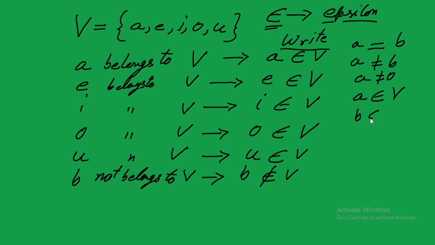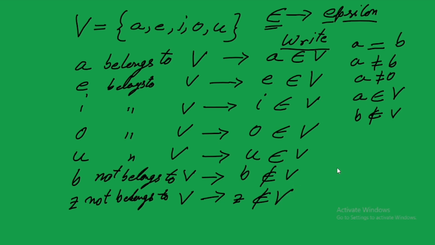Similarly, when a small z is not a member of this vowel set V, how do we write this? Z does not belong to V.